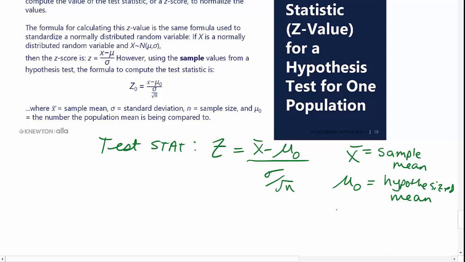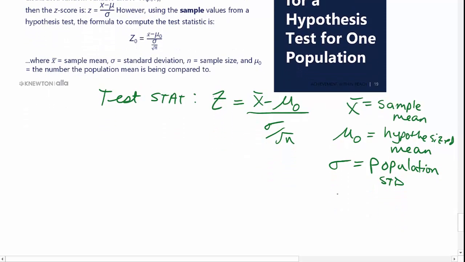What's next? We've got sigma, which is our population standard deviation. And n, good old n, is the sample size. So look, to calculate your test statistic, you just read the problem, pull out the appropriate details, and throw them into the formula.